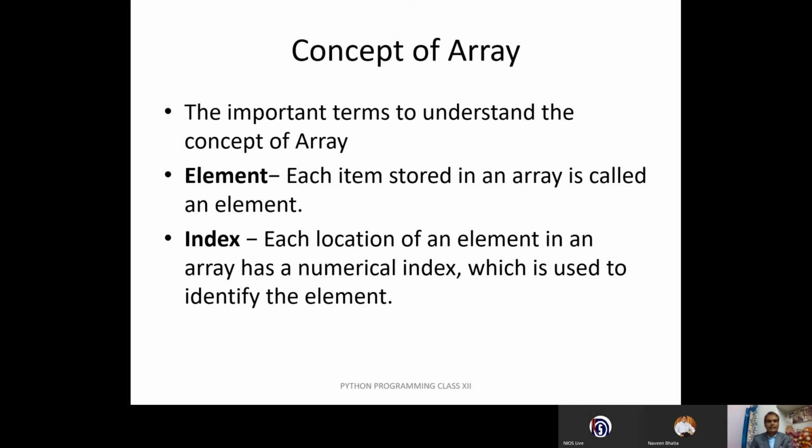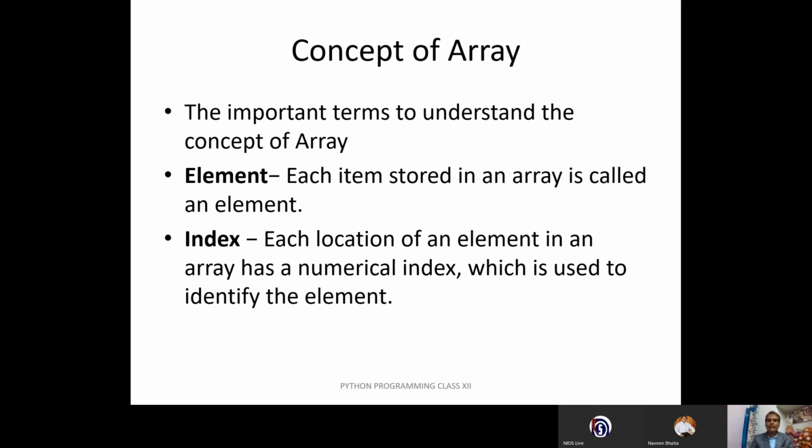You know very well that each item which is stored in a list, in a tuple, in a dictionary, is called an element. And how they are stored: each element is stored with an index. You learned it last time. The starting index will be 0, next will be 1, next will be 2, and it will go on.